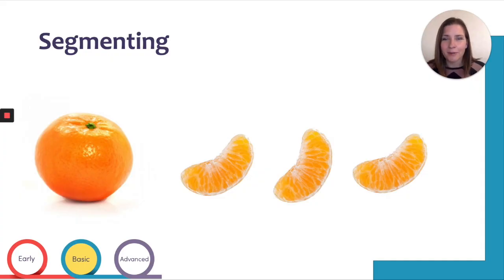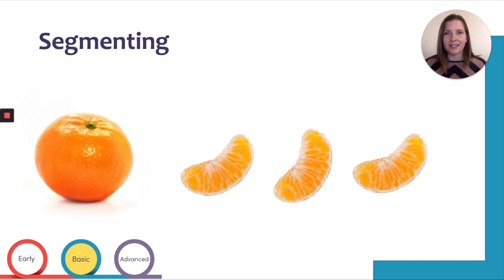Okay, so we've looked at blending, and the next skill we'd want to work on is segmenting. I often introduce this idea to children using mandarins. I'll get a real mandarin into class and have them hold it, and I'll say, this mandarin is like a whole word. Inside the mandarin are little parts, and I'll see if anybody knows what each part is called.